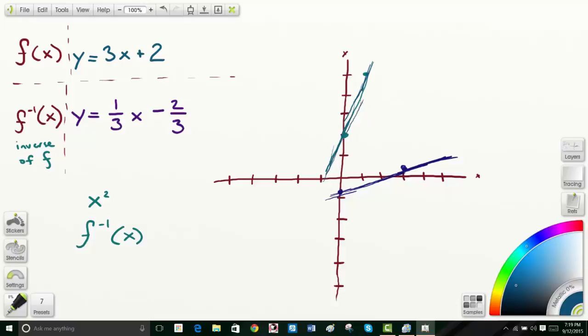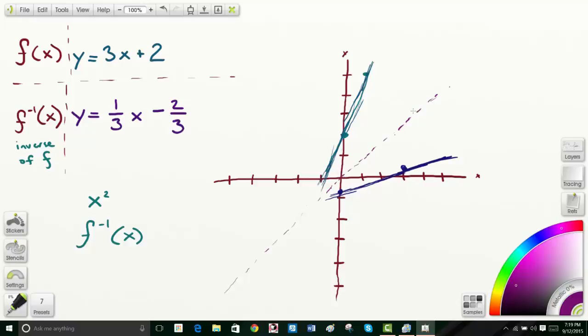As I graph these two functions, I want you to notice that they look kind of like mirror images of each other. And if that's kind of the initial reaction you had, that is a good mathematical observation. Specifically, if I put a mirror down right here, or if this was a piece of paper with maybe paint on it, and I folded it right along this dotted line, this line and this line would match up perfectly.